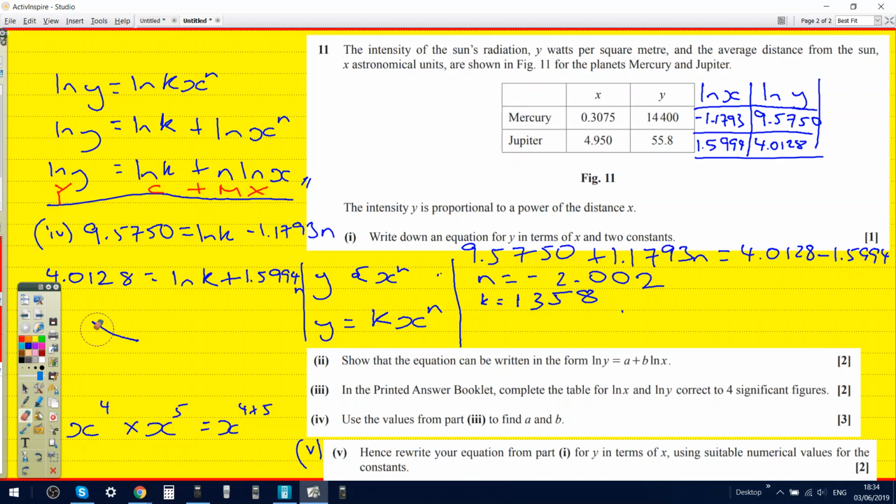So that's just y in terms of x. So we have it as y equals c plus mx. So y equals ln k plus n ln x.